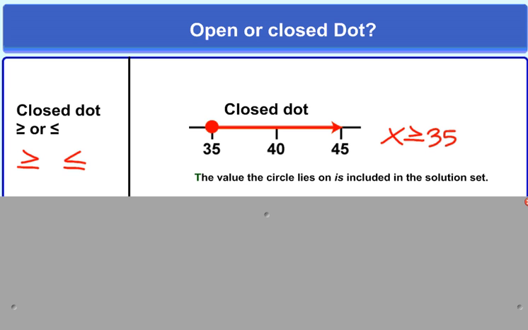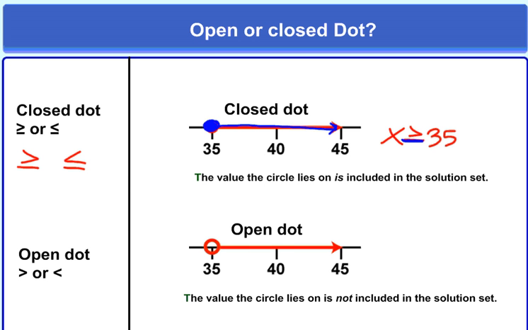That little line means that x could be equal to 35. So that's why this dot is shaded in. And everything greater than 35 could also be an answer. 36, 39.7, 125, all of those would be solutions. So the circle is filled in because this line says that it could be equal to 35.